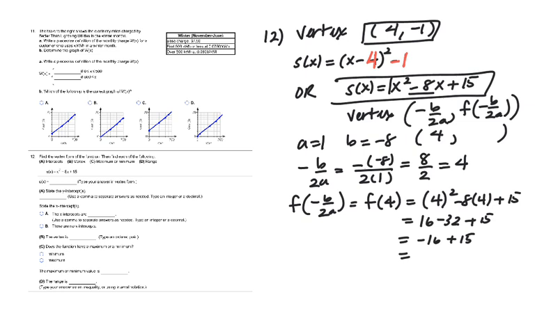And so here I'll have negative 1. That gives me the y-coordinate of my vertex, negative 1. So you can use either method to find the vertex of the function.